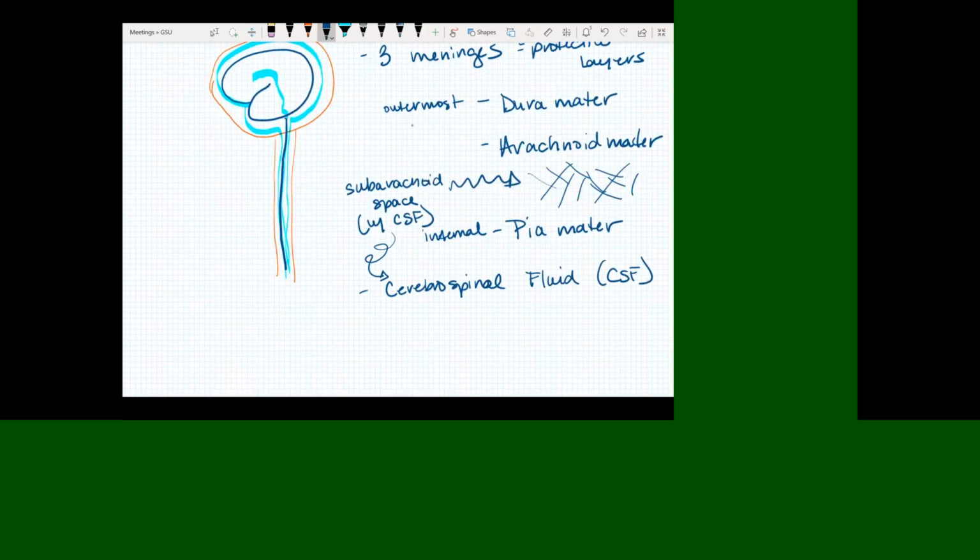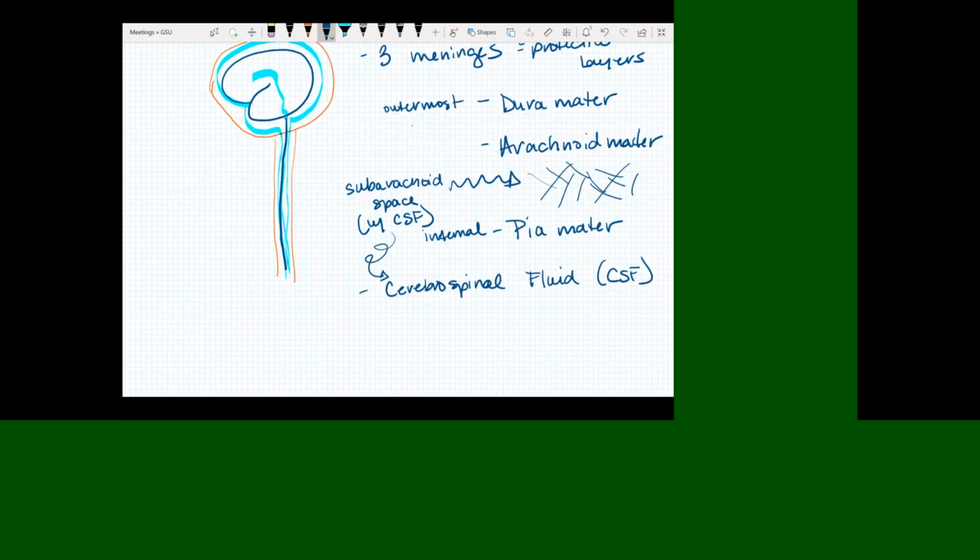And your cerebrospinal fluid is built in one very unique structure in the brain, and it will provide a liquid barrier and liquid buffer around the brain and spinal cord. So CSF is a very important part.